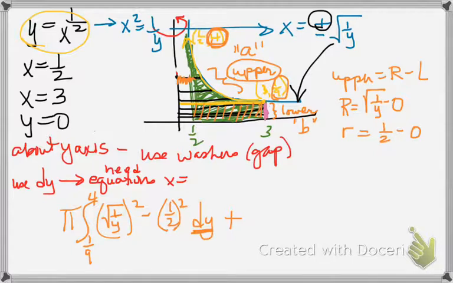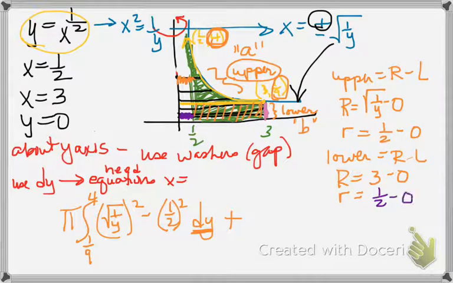So now the lower section, the right, is x equals 3, minus 0. And little r, keep in mind little r is this stuff sitting right here, and the right minus the left of that is 1/2 minus 0.